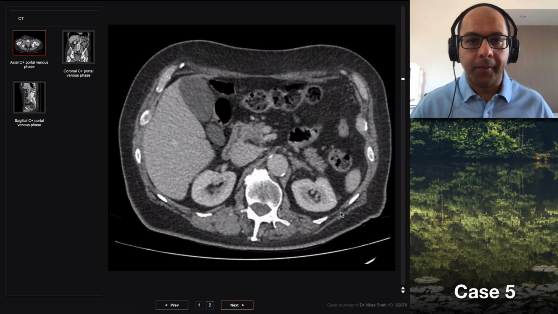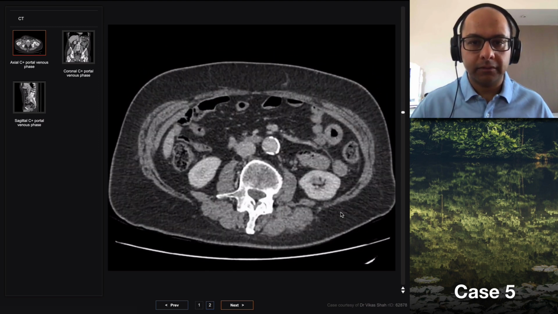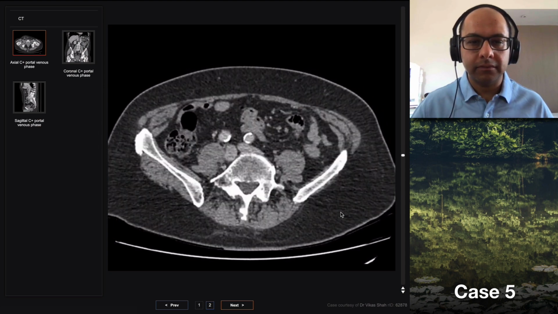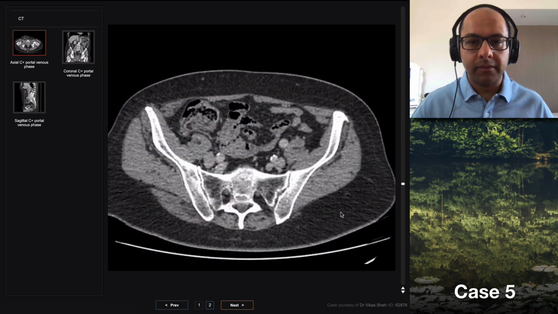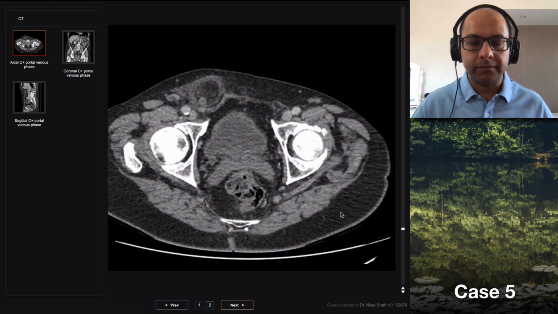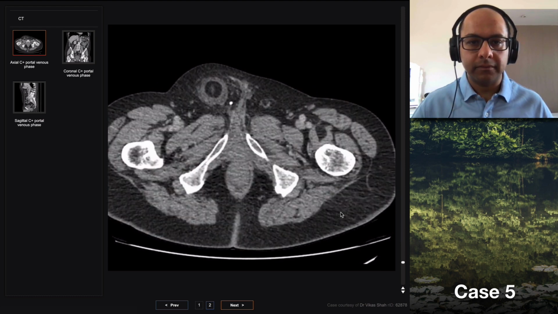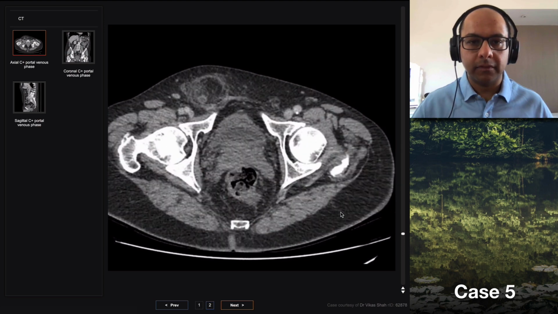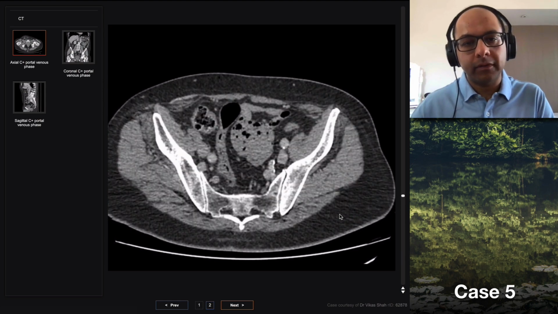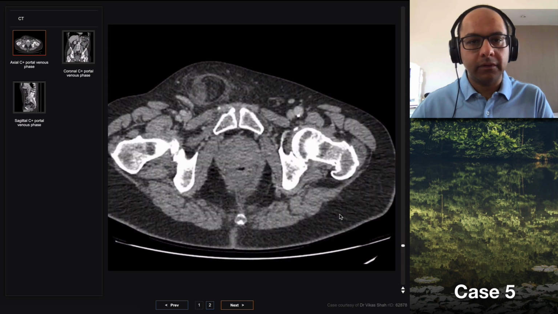So we've got a portovenous phase scan in which there is extensive inflammatory fat surrounding within a right inguinal hernia, in which it looks like there's part of the appendix going in there, which is quite inflamed as well and hyperenhancing.